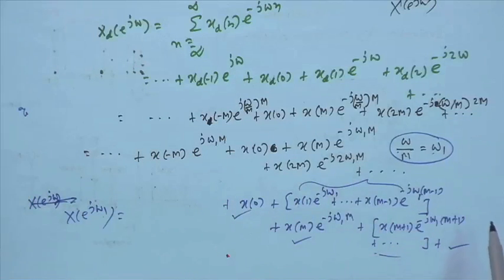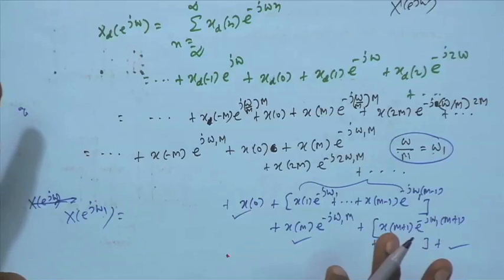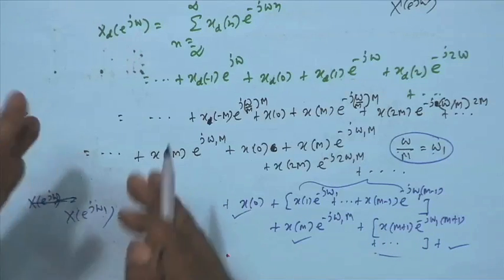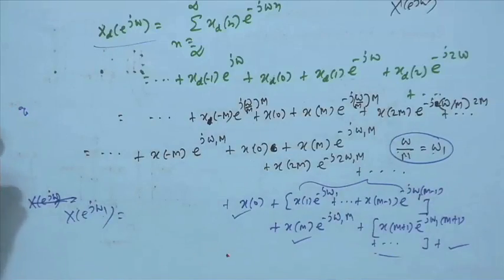Okay. Now, if I can make these additional terms 0 in the original DTFT, then that will become equal to the desired DTFT, this xd e to the power j omega. For this, what I do is this.